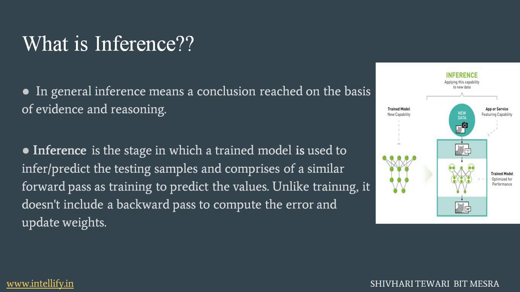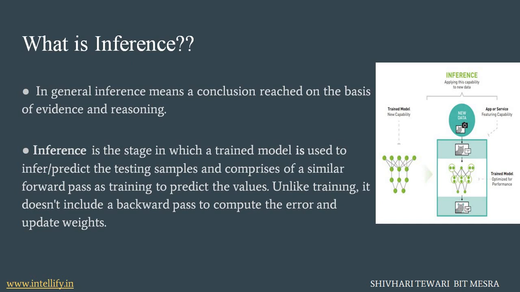This type of process is called inference. That means it is a conclusion that we have created using reasoning, testing, and on the basis of evidence. That means the result of the test that we have got, and on the basis of that result we will say that this kind of inference occurs.